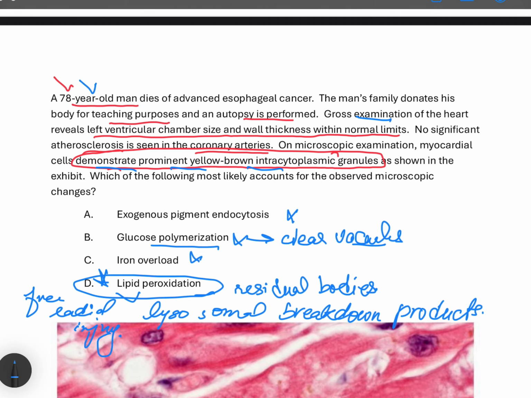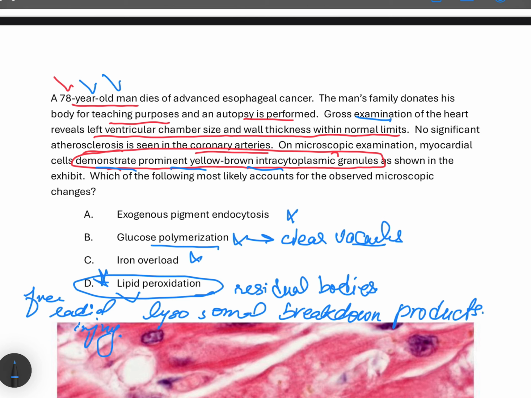These are important points. The insoluble granules are considered wear and tear products that accumulate with age, and they are commonly seen in organs like the heart, liver, central nervous system, and adrenal glands.